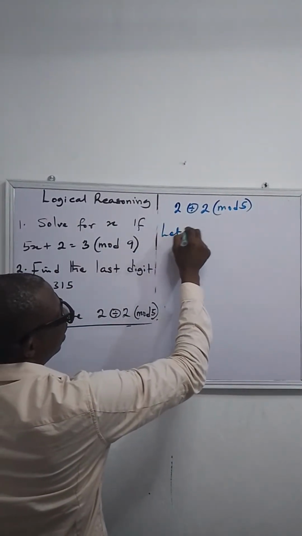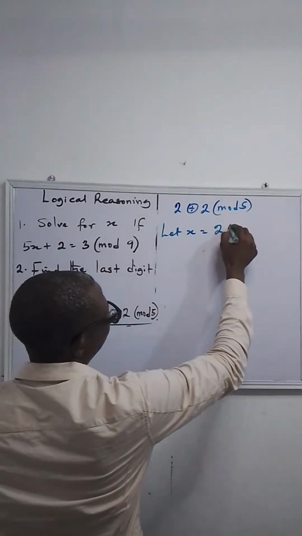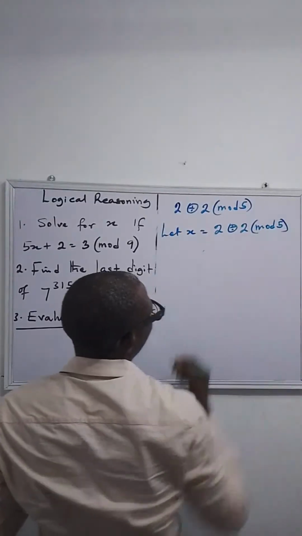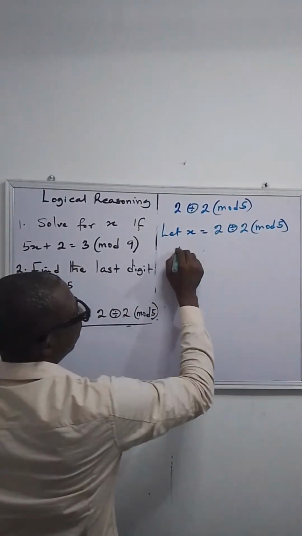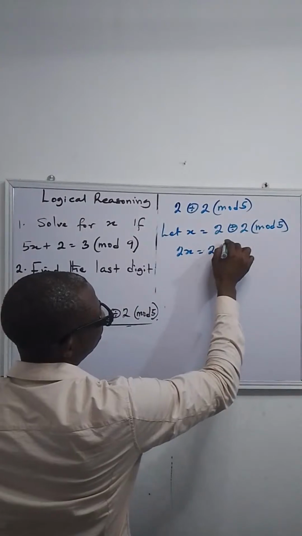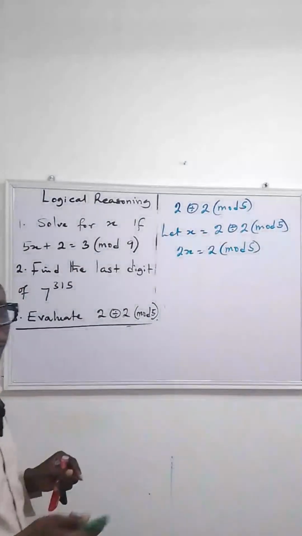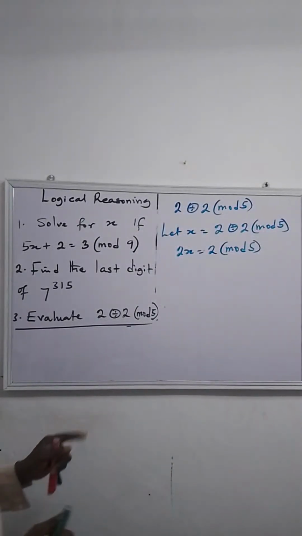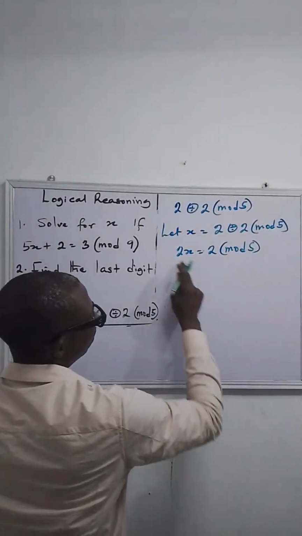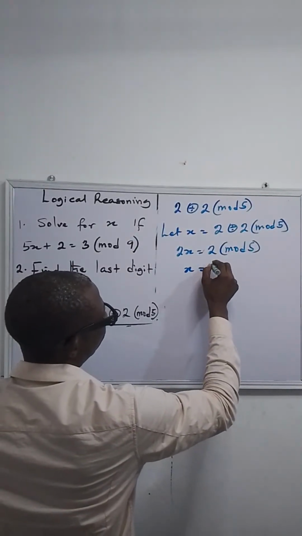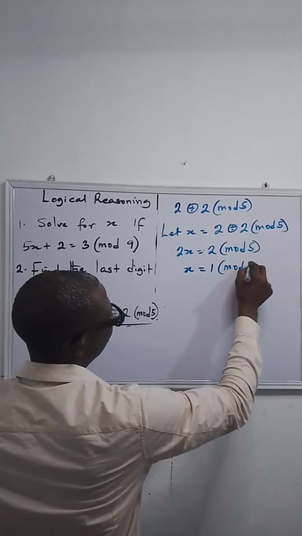So we say let x be equal to 2 divided by 2 in mode 5. So it implies that 2x equals 2 in mode 5. All right, so what's the next thing to do here? You divide both sides by 2. When you divide both sides by 2, you have x equals 1 in mode 5.